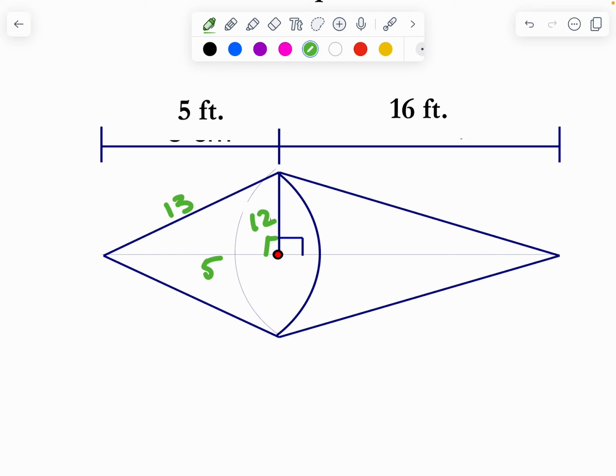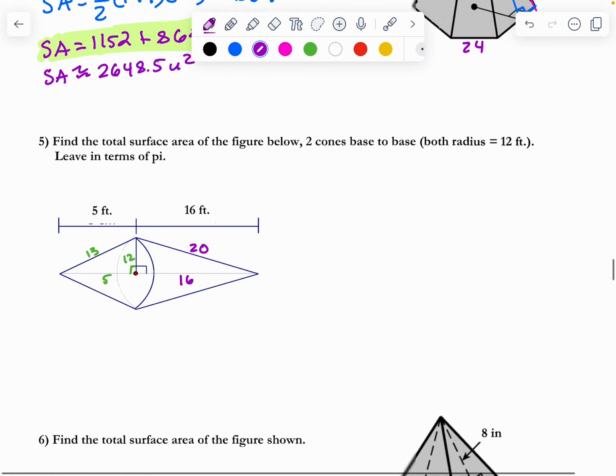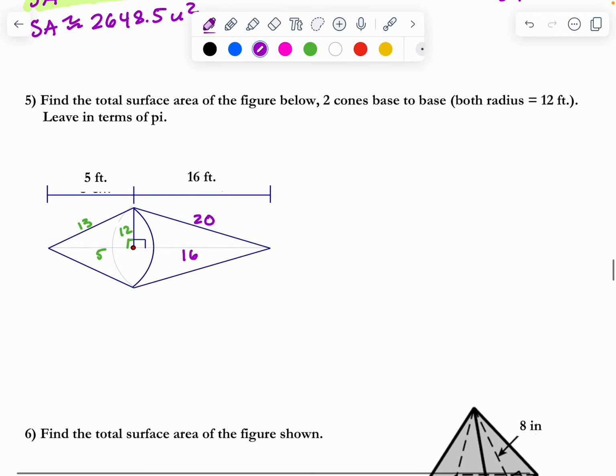Then we've got another one on the right side. This is 16, and this looks to be a 3, 4, 5. 3 times 4, 4 times 4, 5 times 4, giving us 20 on the side here. So I've got my heights, my slant heights, and my radius.